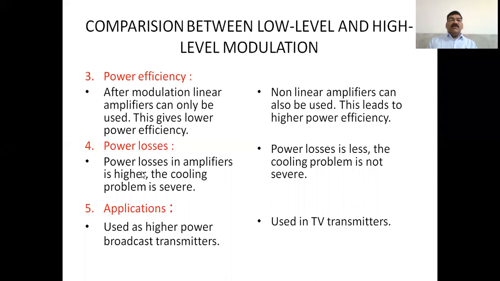Power losses: in the low level, power losses in the amplifiers are high, and the cooling problem is there. In the high level, the power losses are less and there is no cooling problem.